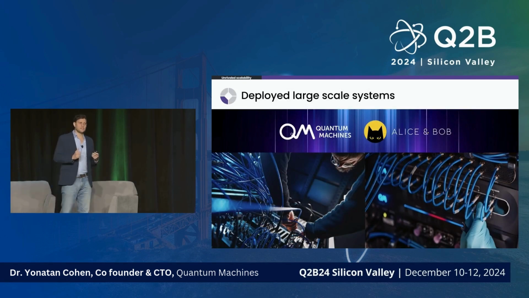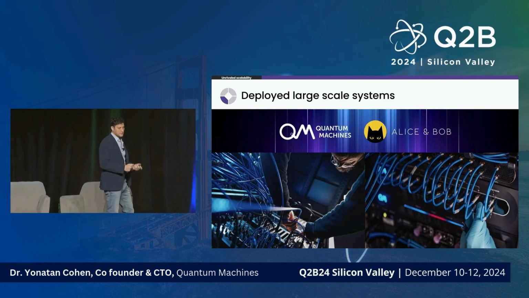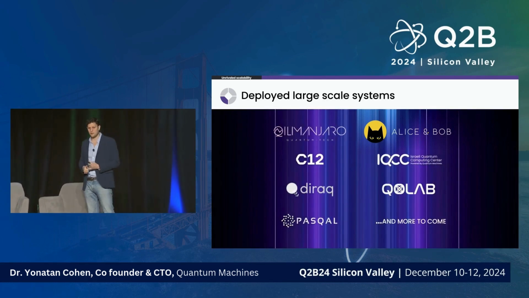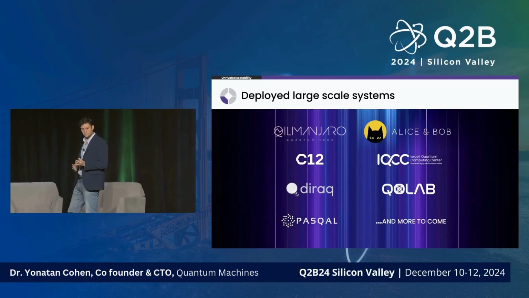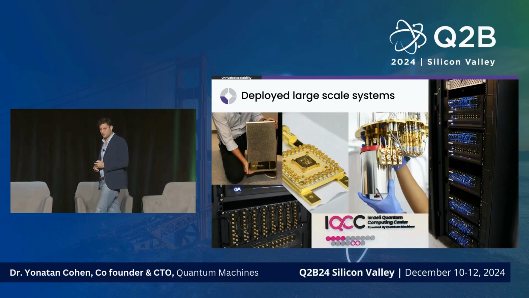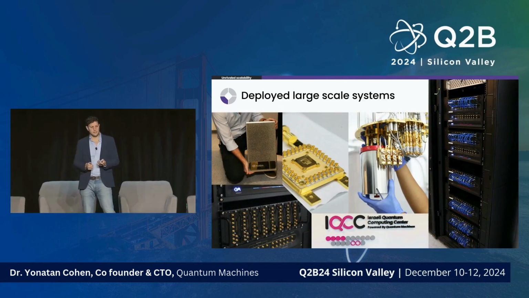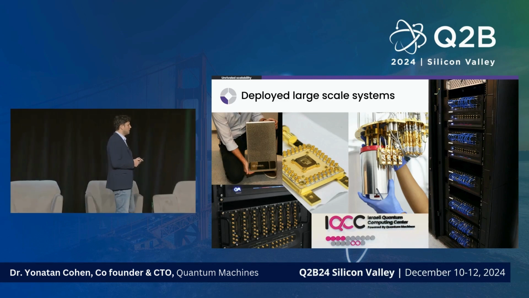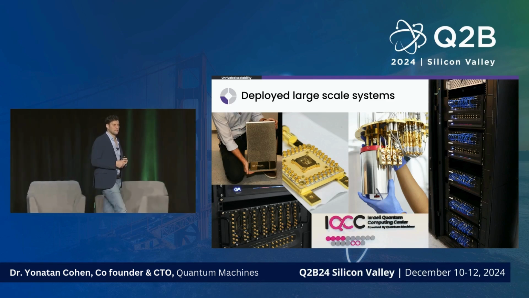We've actually started deploying OPX 1000, some large-scale deployments. Here's an example with Alice and Bob, and many of our customers and partners. We've also deployed this in the Israeli Quantum Computing Center, where we are hosting some quantum devices, as well as the NVIDIA DGX Quantum.